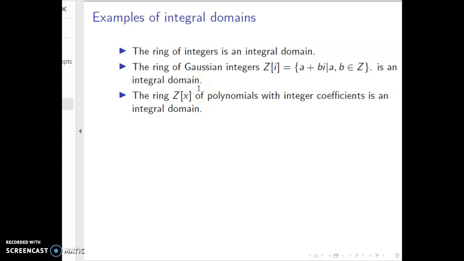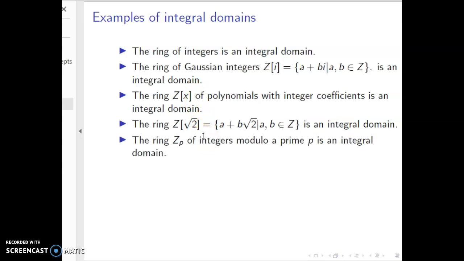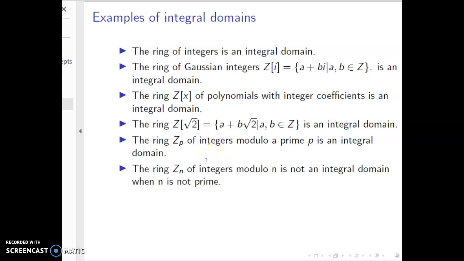If you look at the set of all polynomials with integral coefficients, that is also an integral domain. Next, we talk about the set of all numbers of the form a plus b root 2, where a and b are integers. Again, we find that is an integral domain. If you look at the set Zp of integers modulo p, where p is a prime number, we find once again that is an integral domain.